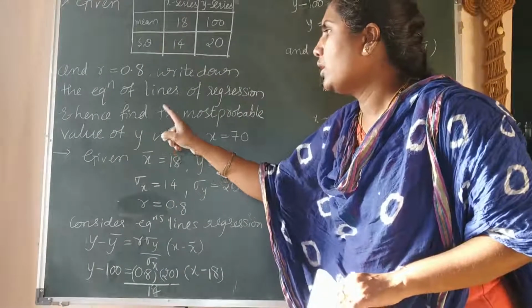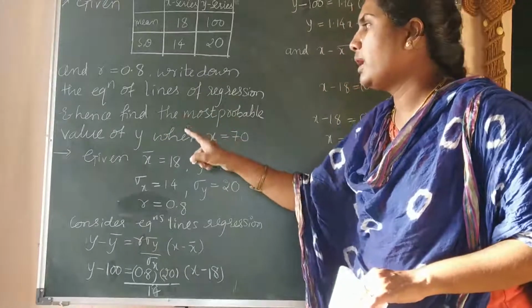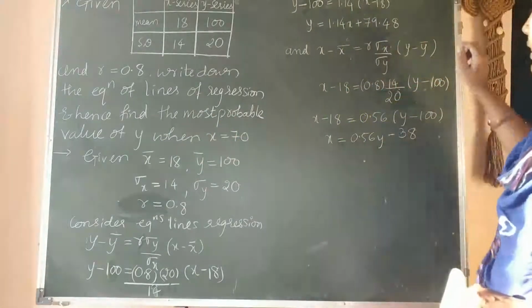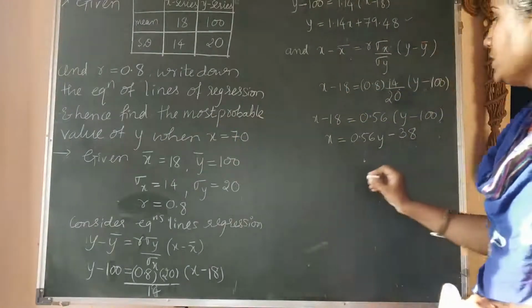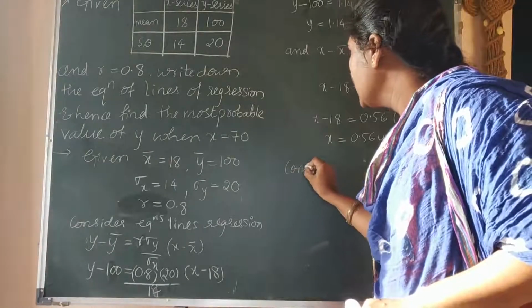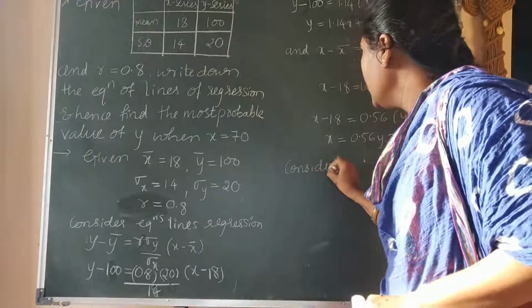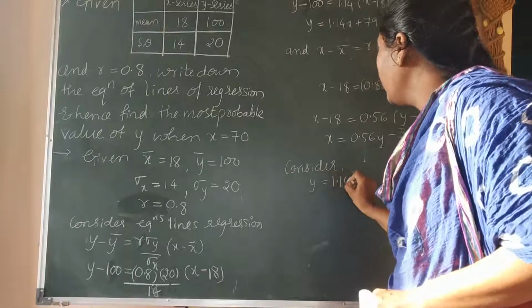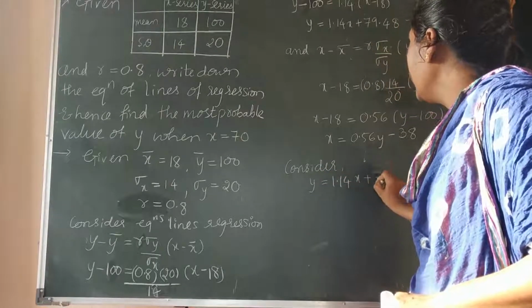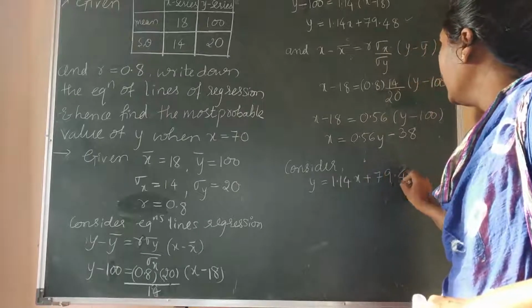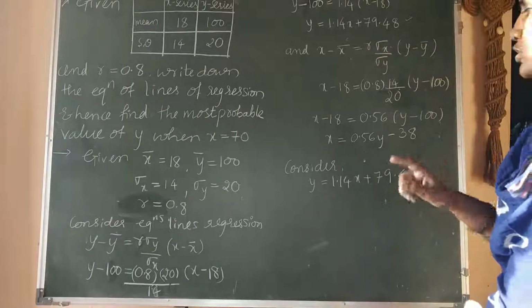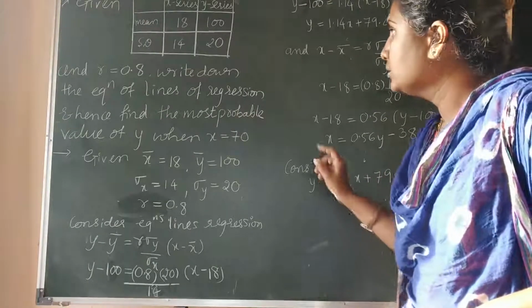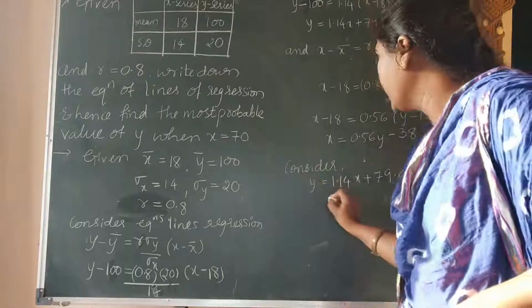Next they are asking what? Hence find the most probable value of y when x equals 70. Okay, let us consider this equation to find the value of y. That is y is equal to 1.14x plus 79.48. Here substitute x equals 70.